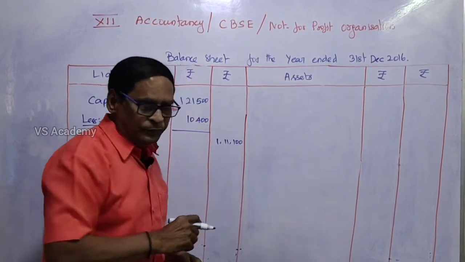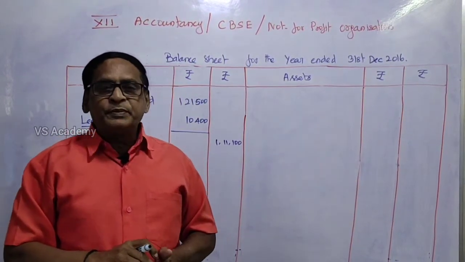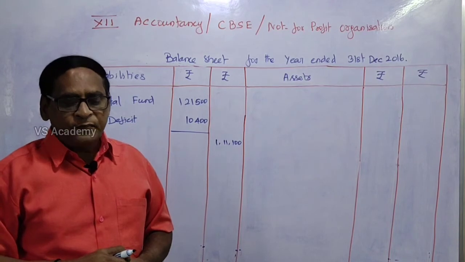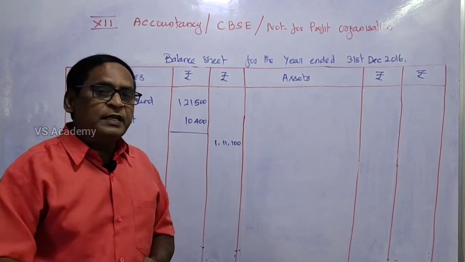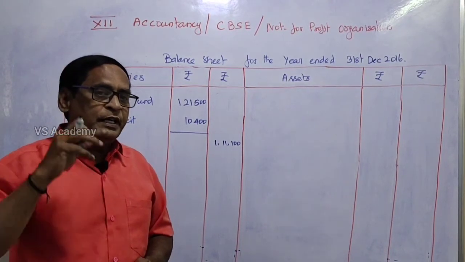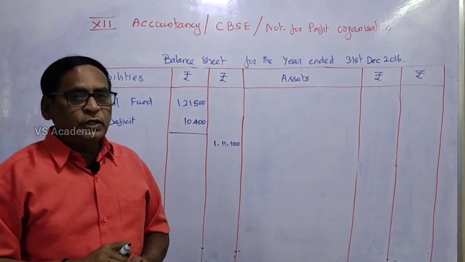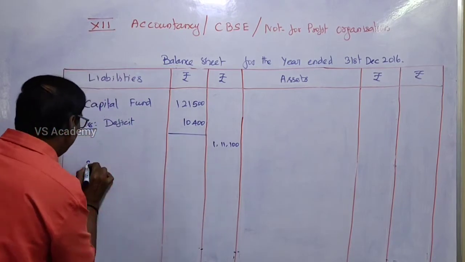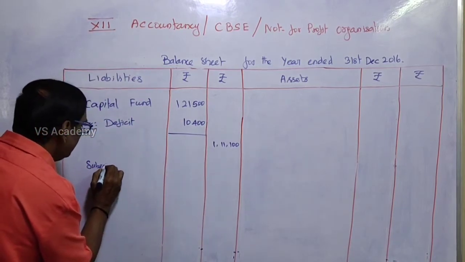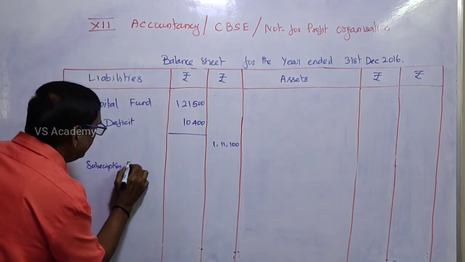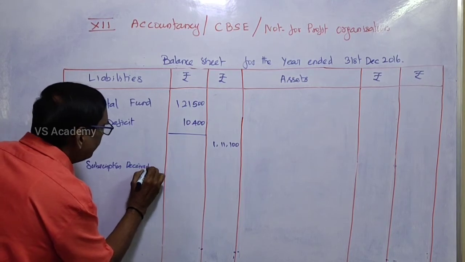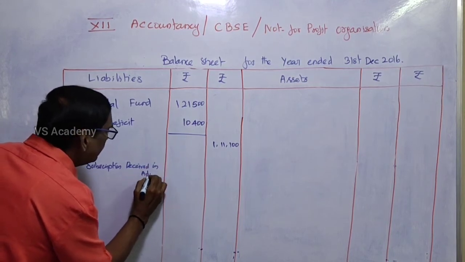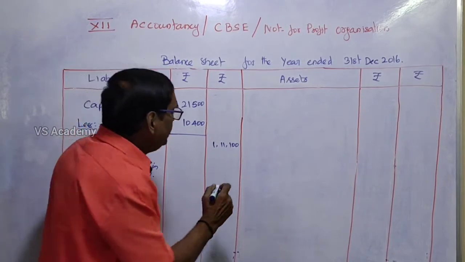1,11,100. And then subscription received in advance. Actually we have received it for the year 2017. So we have to show it as a liability. So subscription received in advance, ₹12,000.